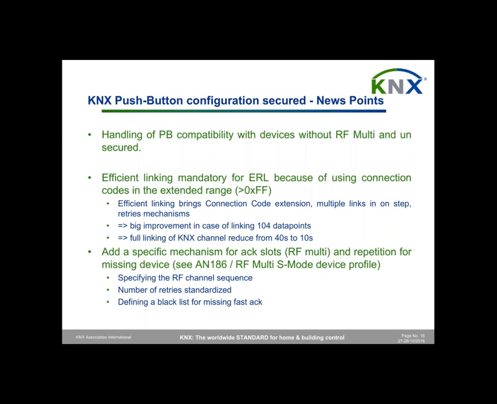We have for the ERL a new possibility for efficient linking that is now mandatory, because in the new channel we use connection codes in the extended range. With the preceding push-button configuration procedure, the connection code was limited to 8 bits, and as we now have a lot of connection codes defined, we must go to the extended range, more than 8 bits.